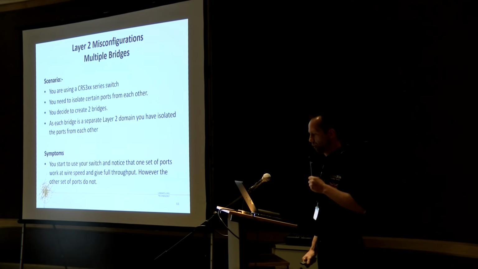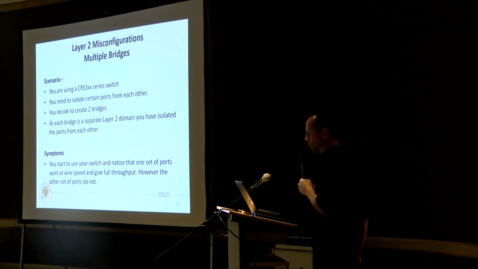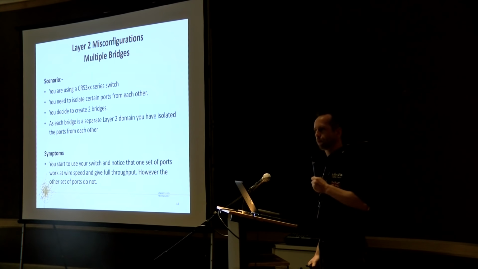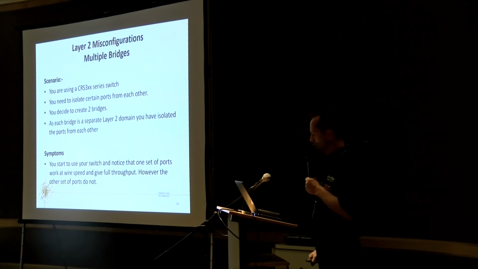Here is a scenario. You have a CRS 300 series switch. You want to isolate ports from each other. This could quite well be Mike doing this, but I should have put him in. So you decide to create 2 bridges. Okay? As a bridge is a separate layer 2 domain, you have isolated your traffic from each other and done what you set out to do.